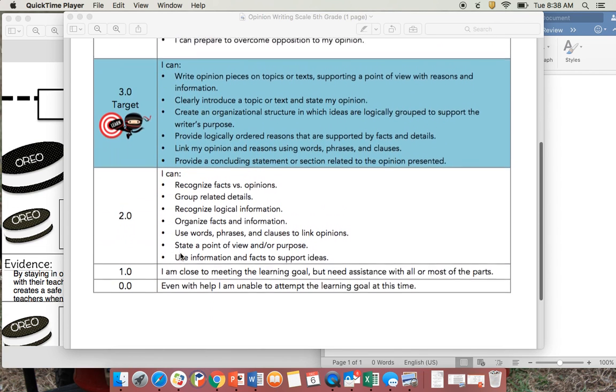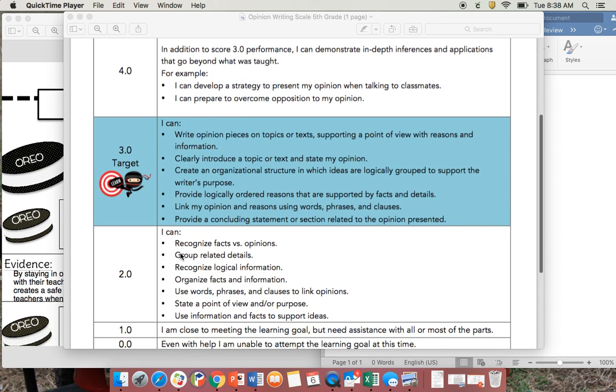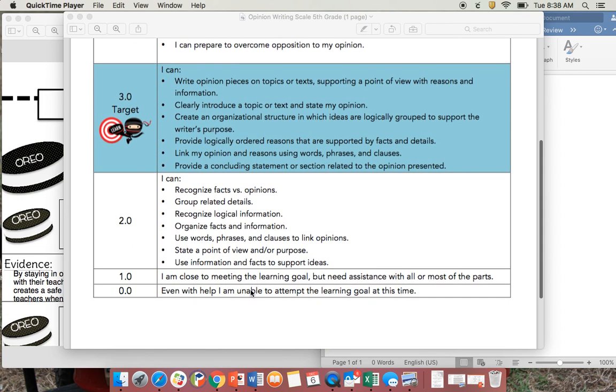And remember that our learning scale is a progression of our learning. We're not expected to be at a 3.0 just after one lesson, and 3.0 is our target. If you look at your scale, which is also attached in the lesson, these are our target goals for opinion writing. These are stepping stones to get there.